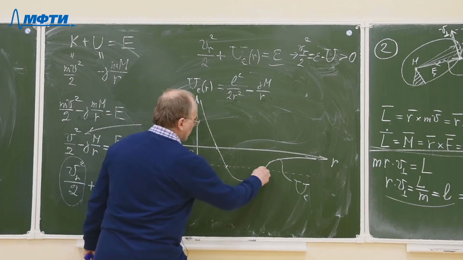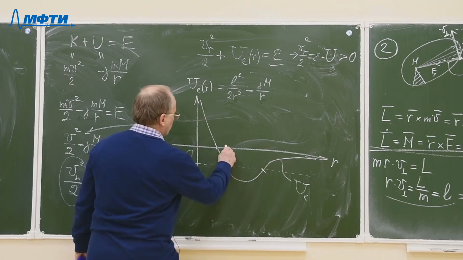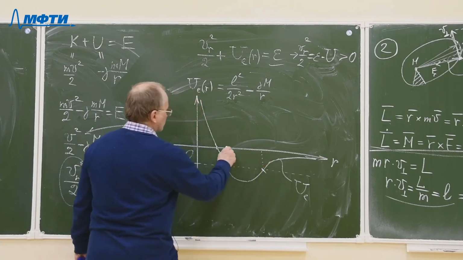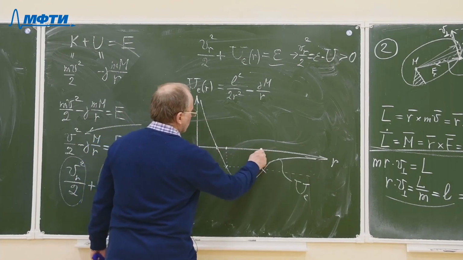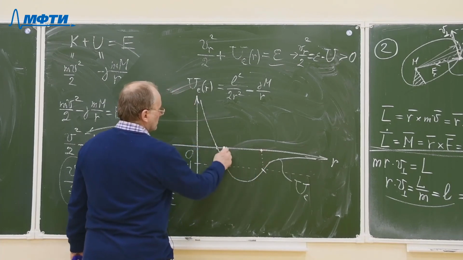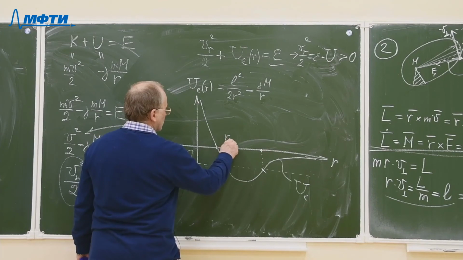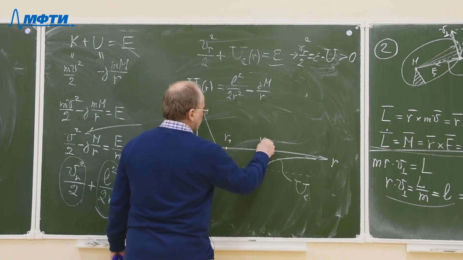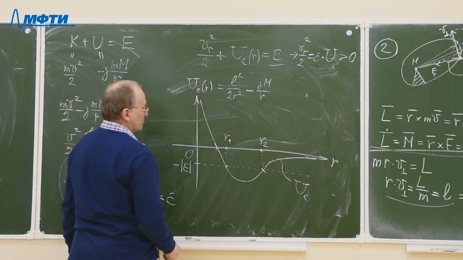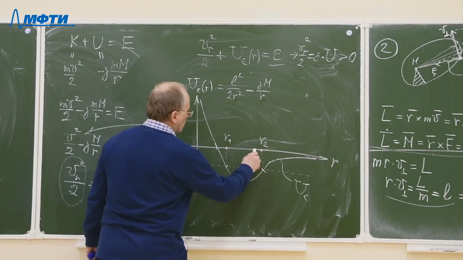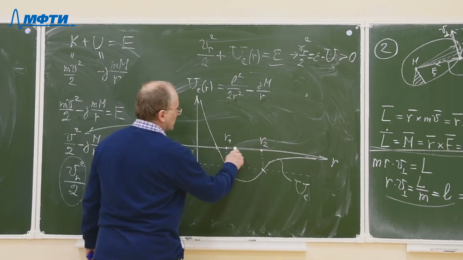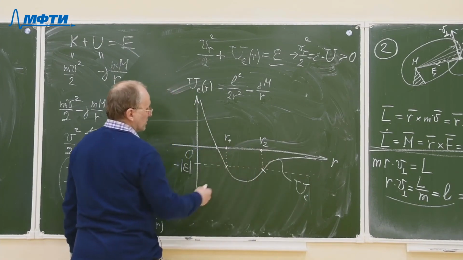Only within this interval of radii, the minimum possible distance from the planet will be r1, and the maximum possible distance of the planet from the sun will be r2. The planet will go in such a way that the distance from the sun changes between r1 and r2.